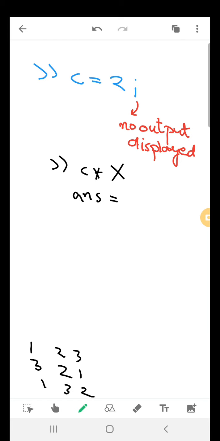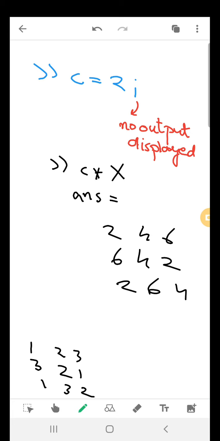So the answer will be 2, 4, 6, 6, 4, 2, and 2, 6, 4. So every element gets multiplied by this number.